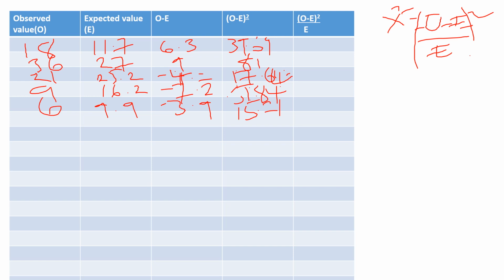So now from there we can compute our chi-squared, which is the observed value minus expected value, squared, divided by the expected value. For the first one, we take 18 minus 11.7, squared, that gives 39.69. Then we divide by the expected value of 11.7.